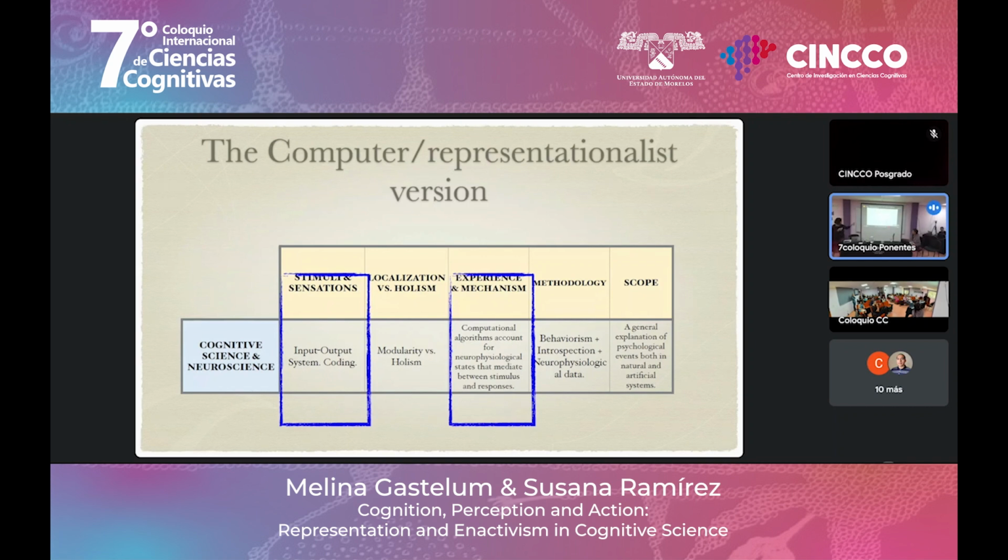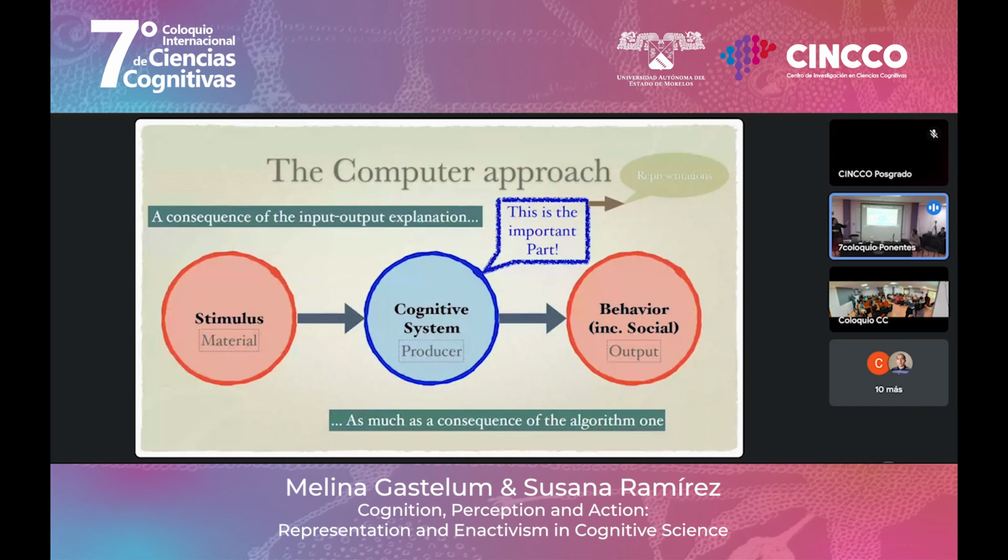And experience and mechanism are taken as computational algorithms that account for the neurophysiological states that mediate between stimulus and responses. So you have three boxes. The stimulus, which is the material part, the sense data. Then the cognitive system, which produces the representations, and that's the important part. And then behavior, which includes the social behavior. That's the output.